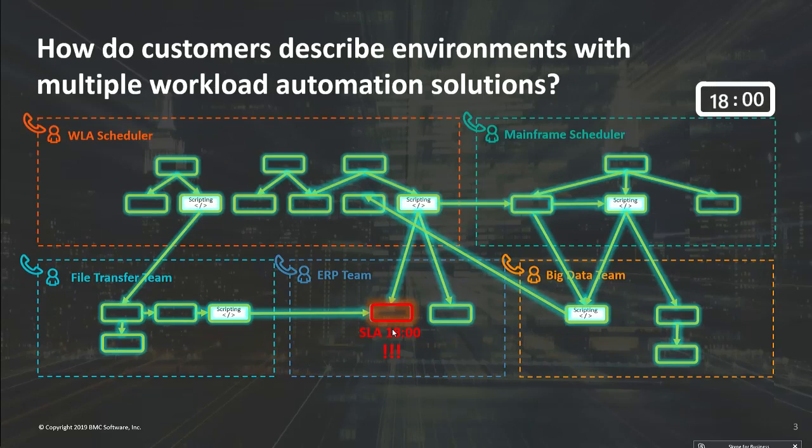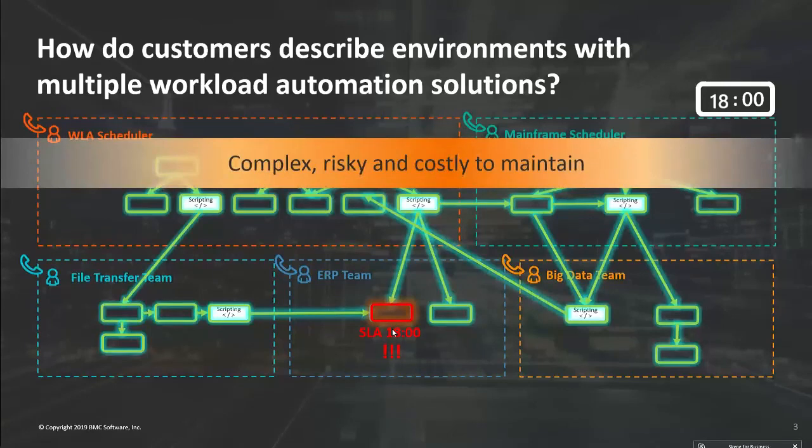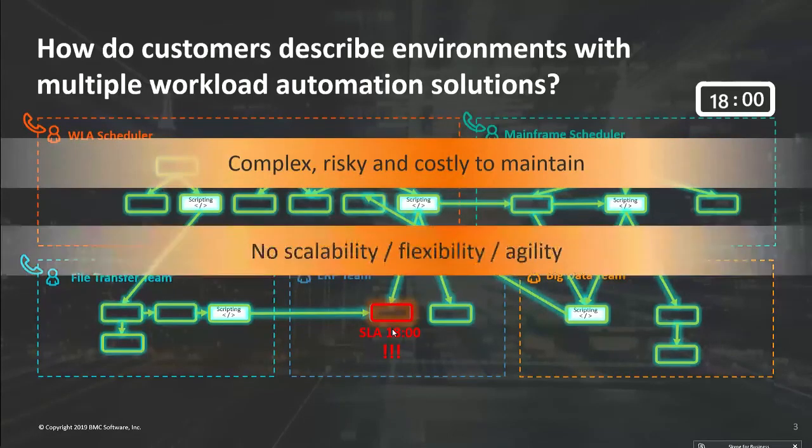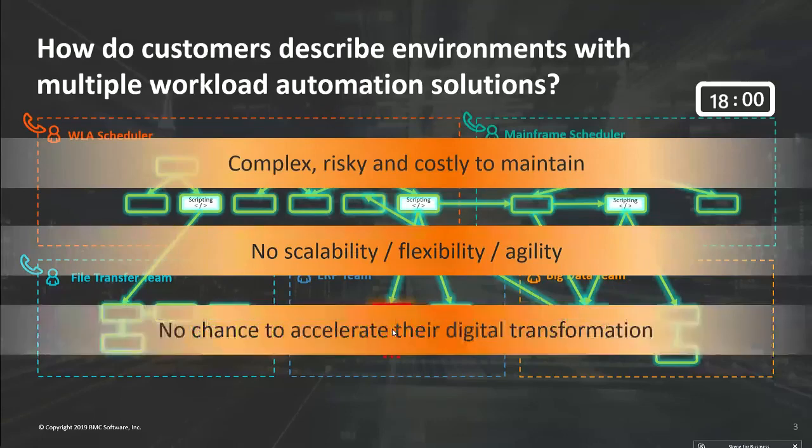So what does this mean for those companies? It means they have a complex, risky, and costly to maintain environment. It means no chances of scalability, flexibility, and agility, no chances for efficiency, business growth, and finally, no chances for the digital transformation.